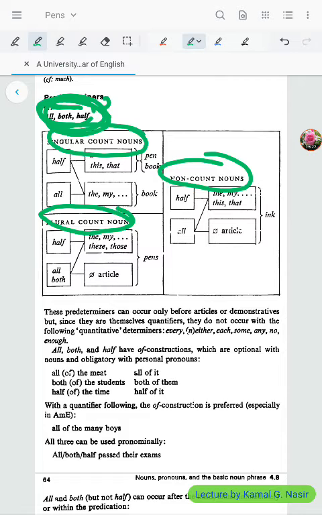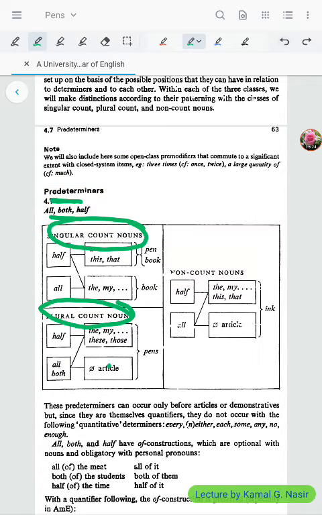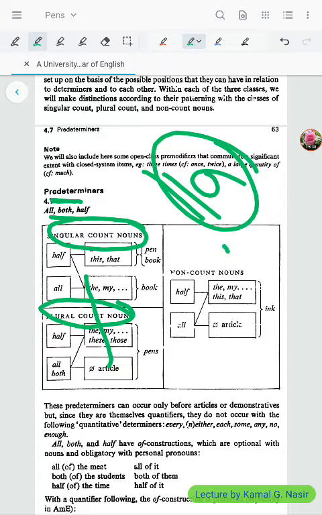Why do we call them predeterminers? Because they come before the determiner. What are the determiners? The 6 classes that we talked about, A, B, C, if you remember in the previous page.